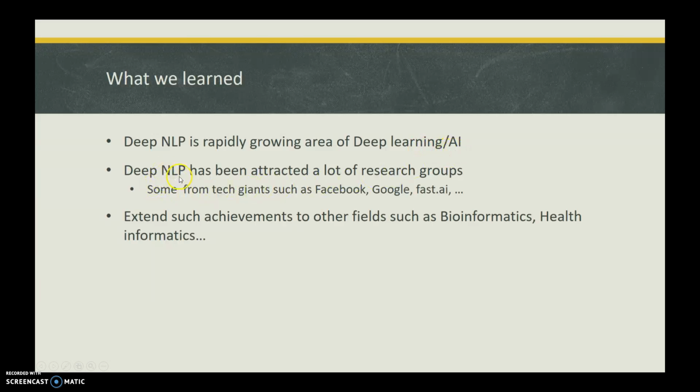Deep natural language processing has been attracting a lot of research groups. You can name some tech giants such as Facebook, Google, Fast.ai. And some achievements are extended to other fields such as bioinformatics and health informatics. So that's the end of our presentation.